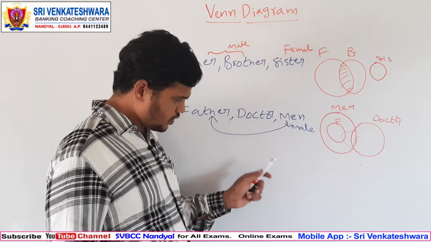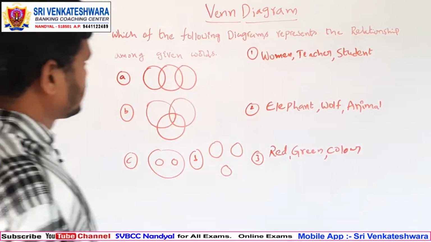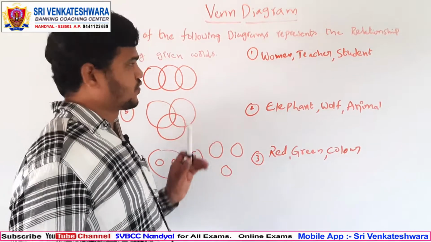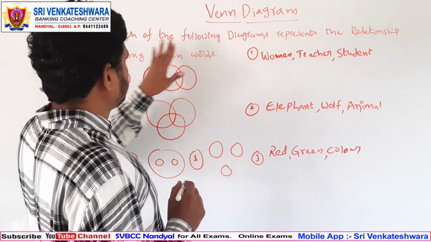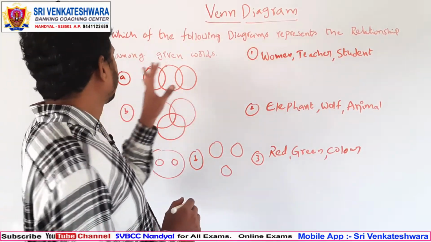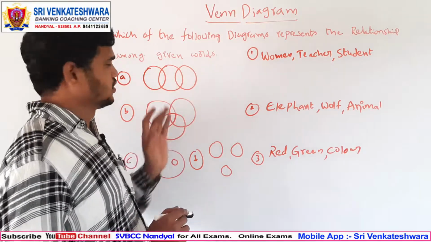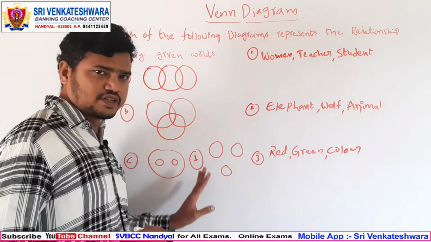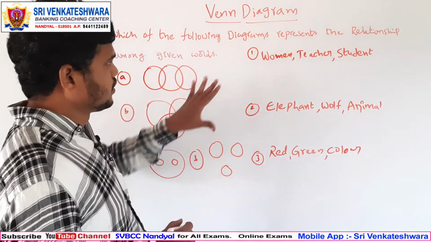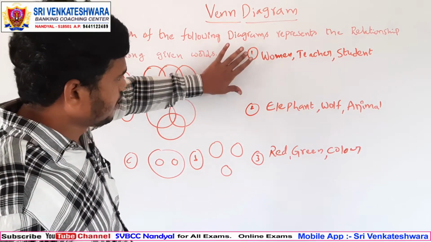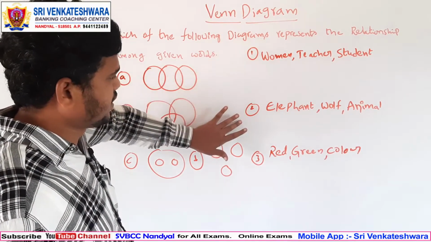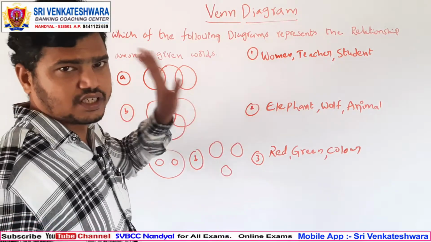Okay, next we will take an example. Which of the following diagrams represents the relationship among the given words? Here they are given 4 options. Among these 4 options, which should be equal to the representation of the given question?